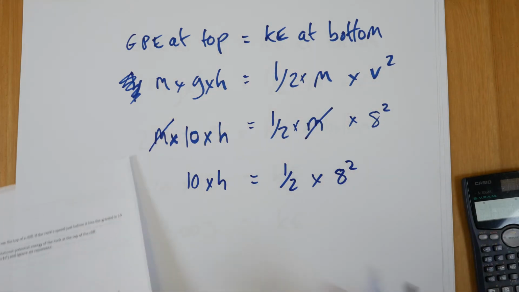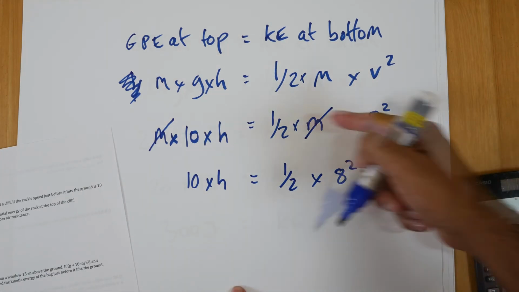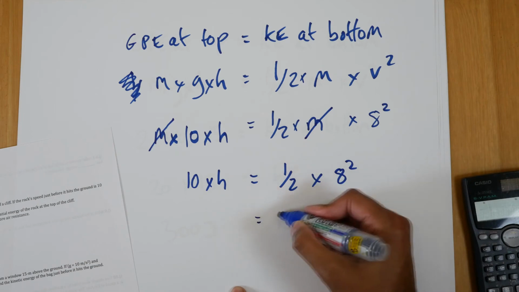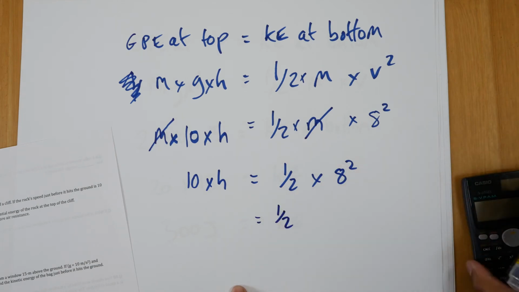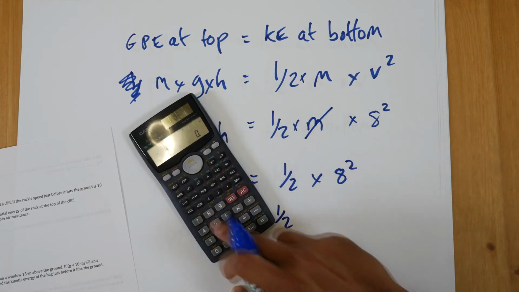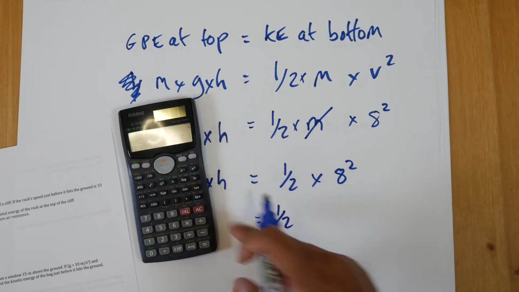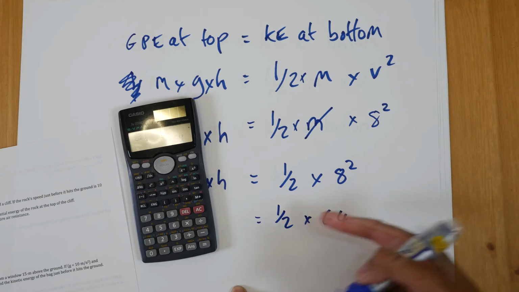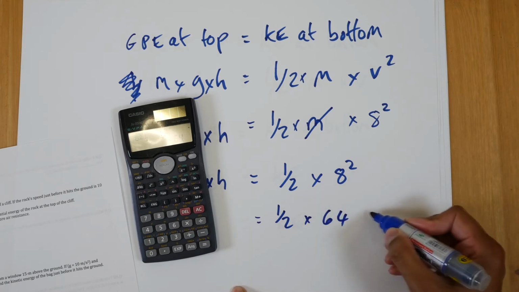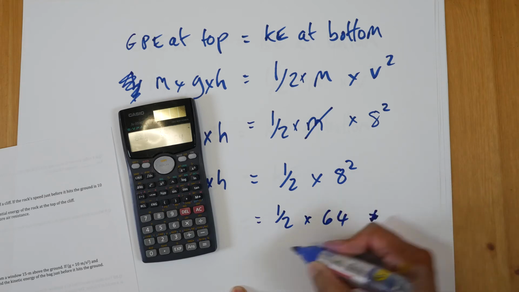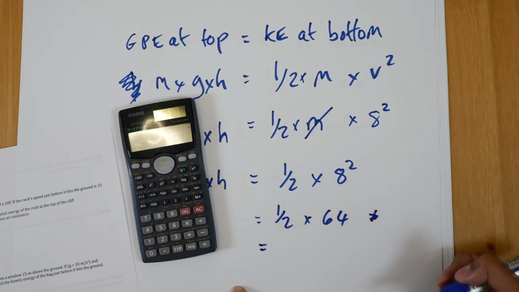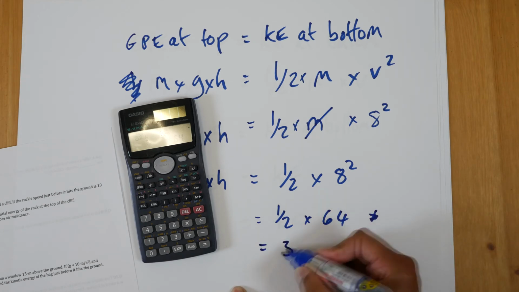We've got to work out h now. So let's work out this part first. Half, now 8 squared should be 64, right? Yes, see, I'm clever. And half times 64 is, let's write it down here. I'm going to run out of space, but 32.